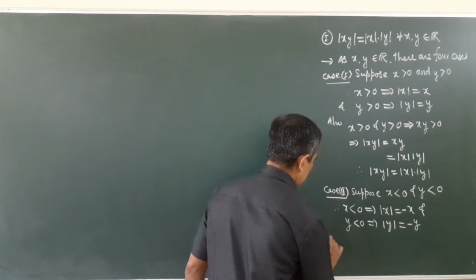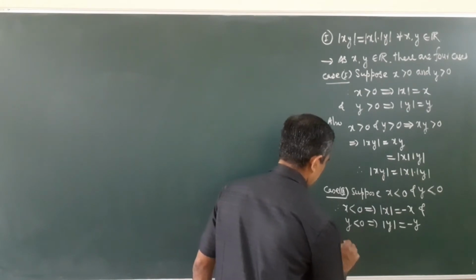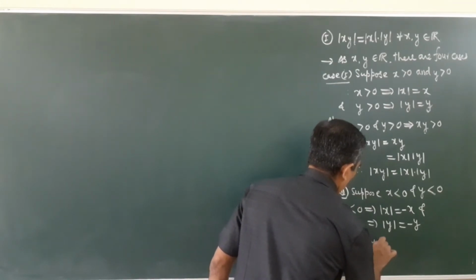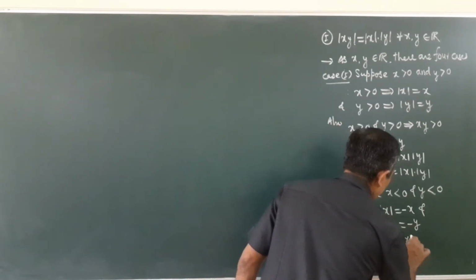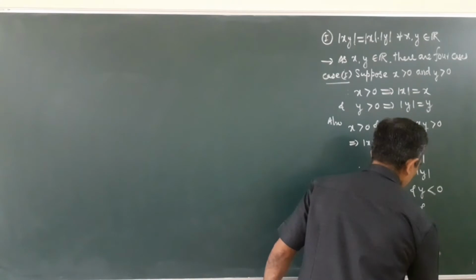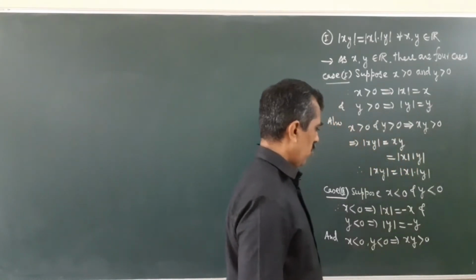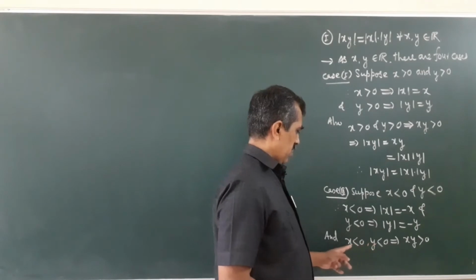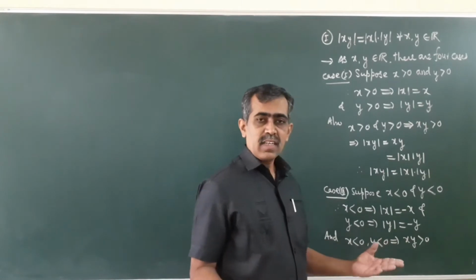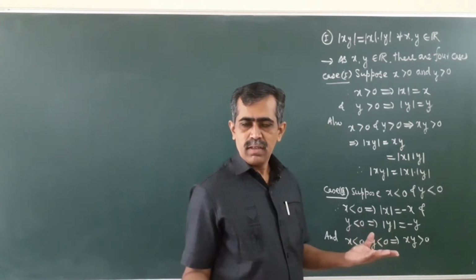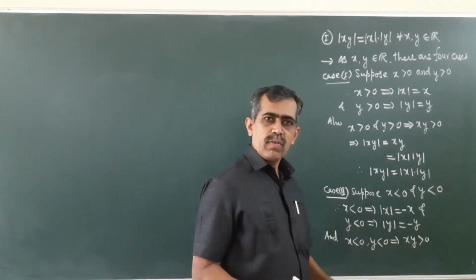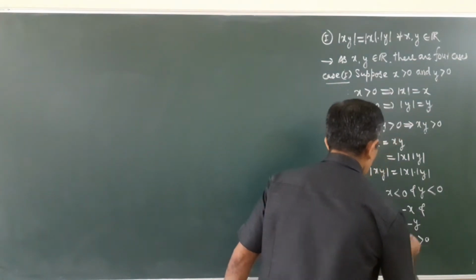And x less than 0, y less than 0 implies what is x into y? X is negative, y is negative, then x into y is greater than 0, because x less than 0 means minus x greater than 0, minus y greater than 0, therefore minus x into minus y will be greater than 0. But minus x into minus y is nothing but xy, so xy greater than 0.